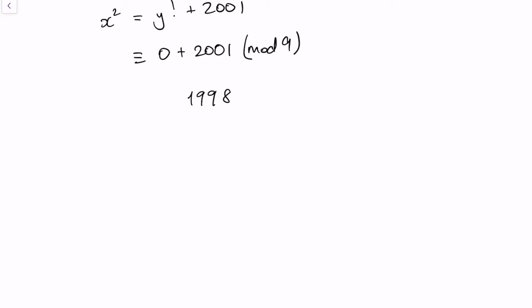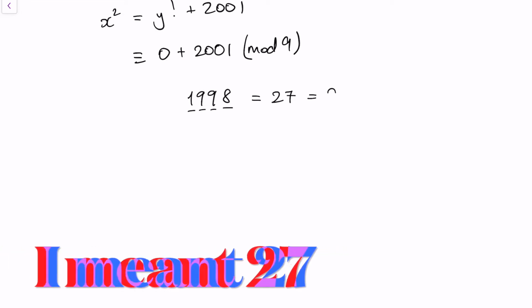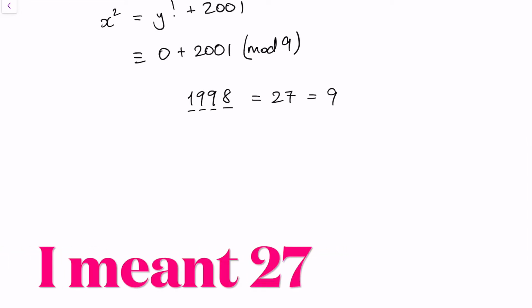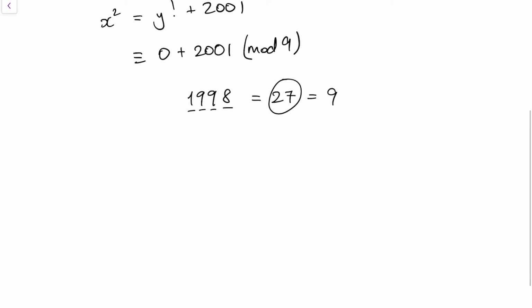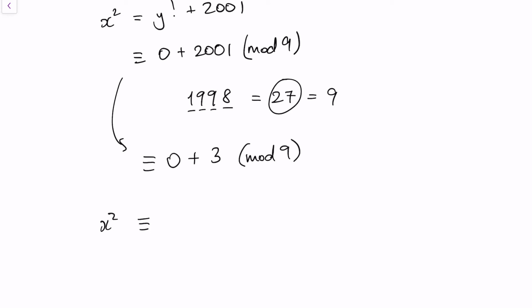The reason for that is the sum of the digits, 1 plus 9 plus 9 plus 8, gives you 27, which is the same as 9 if you add 2 and 7. That means 1998 is divisible by 9, so this boils down to 0 plus 3 in mod 9. In other words, x squared is 3 in mod 9.